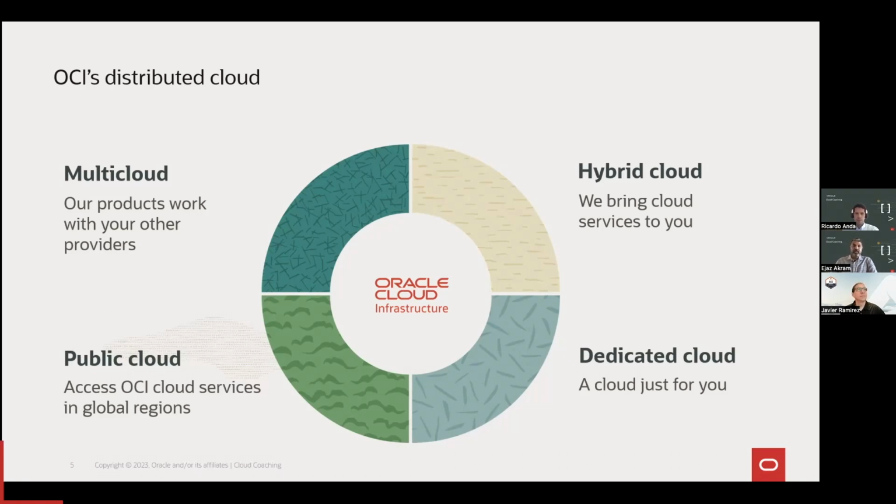Last but not least, we have dedicated cloud, so customers can choose to hold their data in their own data centers and use that deployment model as and where required. That also includes what we have for our specific partner community, OCI Alloy, which can be used as a dedicated cloud as a service provider offering.